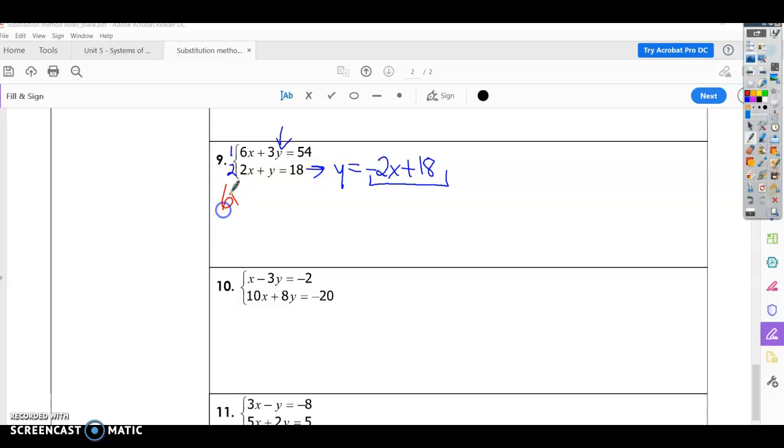So I'm going to have 6x plus 3y is equal to 54. In place of y, I'm going to substitute negative 2x plus 18. So I'm going to bring down my 6x, and I'm going to distribute.